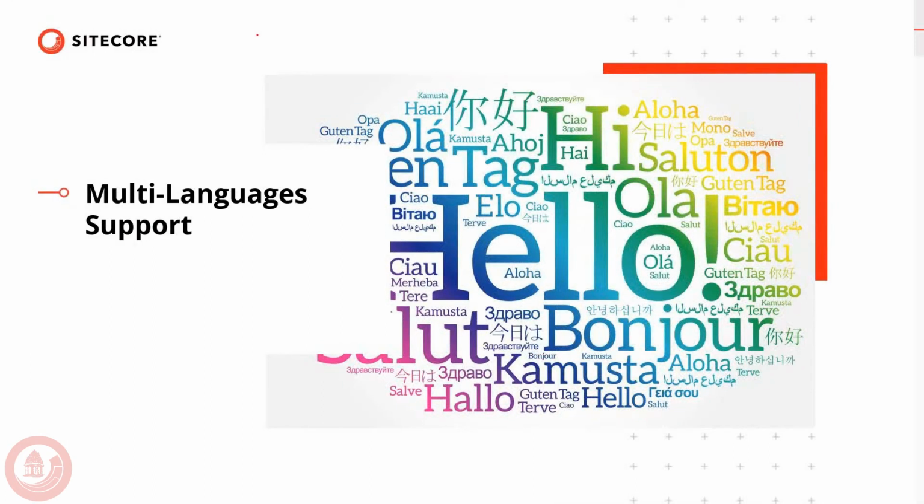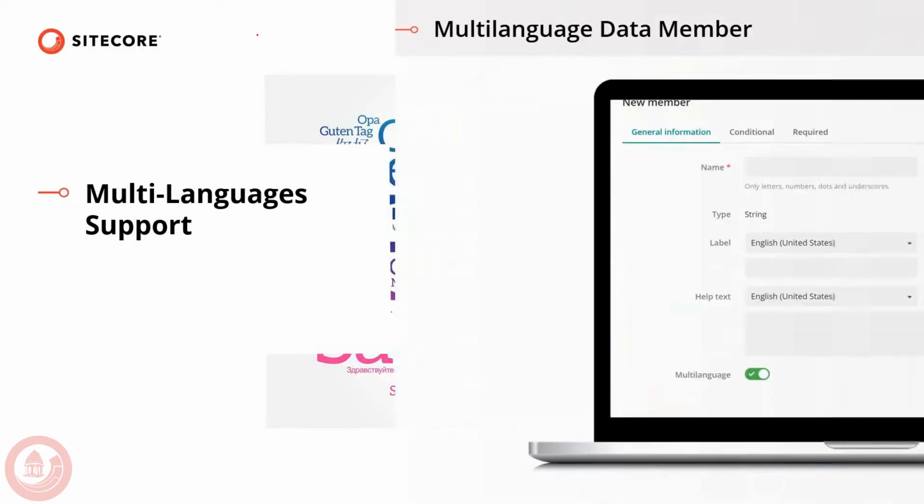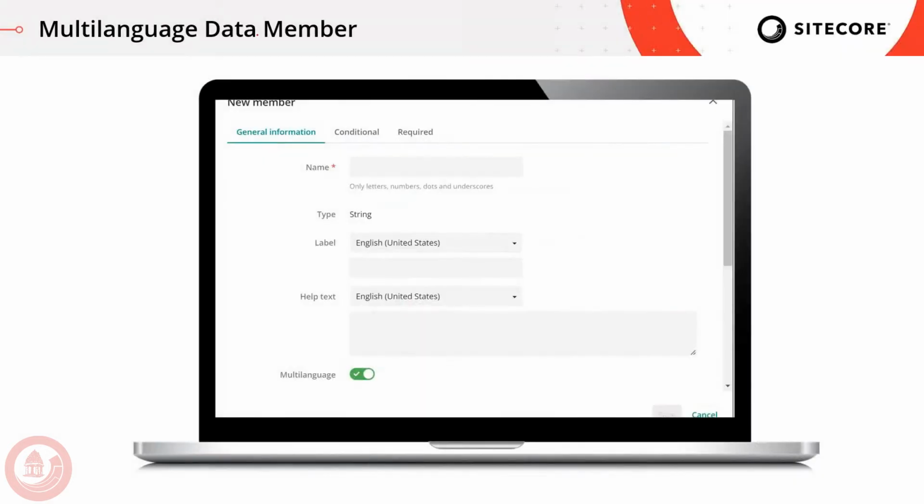That's your preparation phase. Once you have all of that, then you can start thinking of multilingual support. When you create your schema, always make sure to look into this field. So when you create, as an example, a string field, there is a checkbox called multilingual.